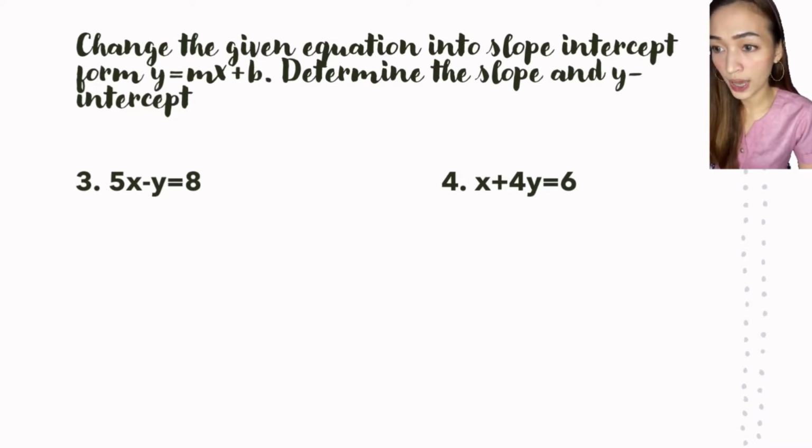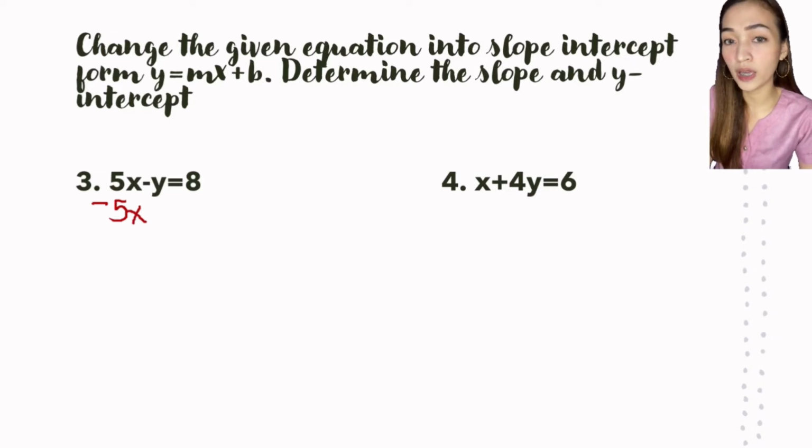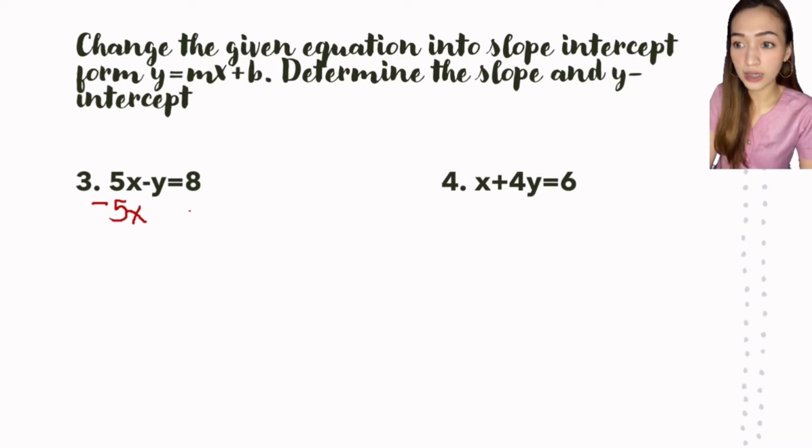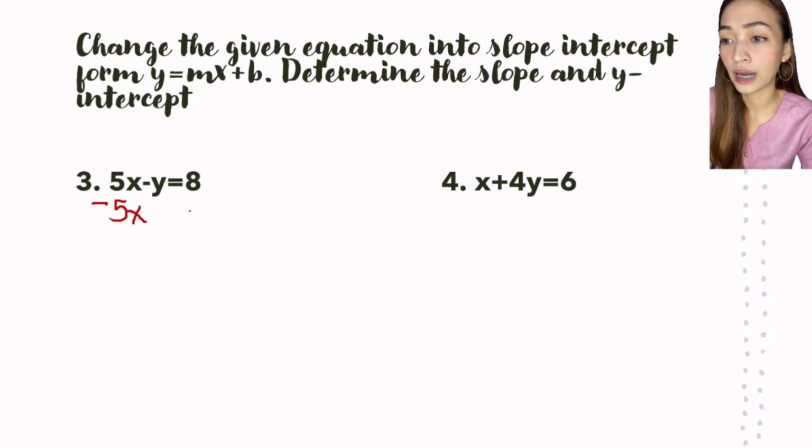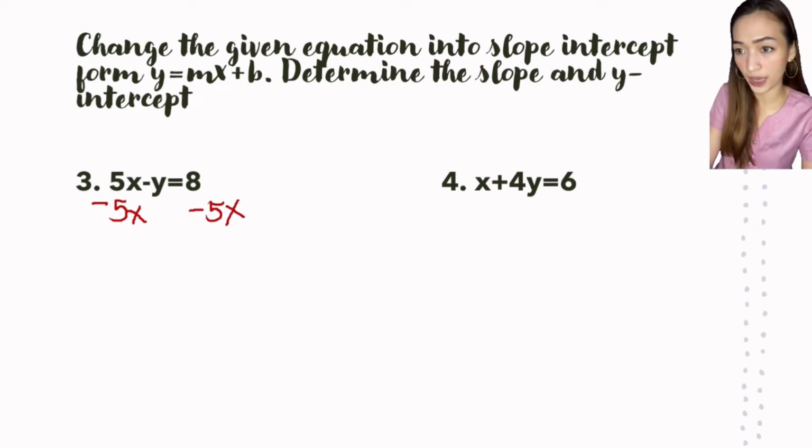So the opposite sign of this is negative 5x. Okay, so now our constant is already at our right hand side. So we don't need to change the sign of our constant, right? So now we also have negative 5x here in our right hand side.